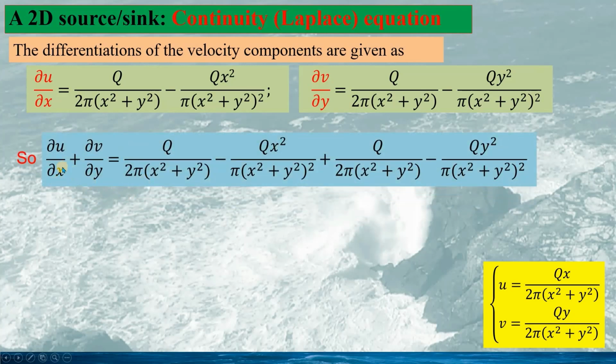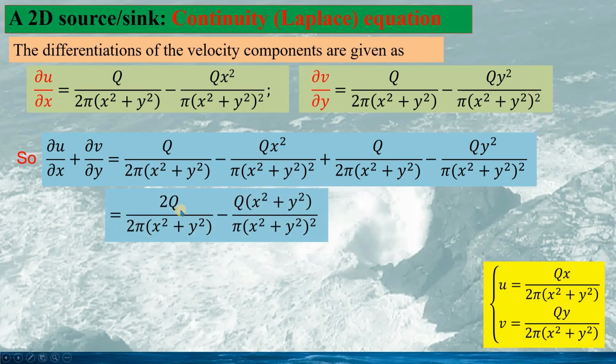If we put these two terms together, this term and this term together, we have this term. And this term and this term together, we have this. And obviously, we can see the result of the expression would be 0.